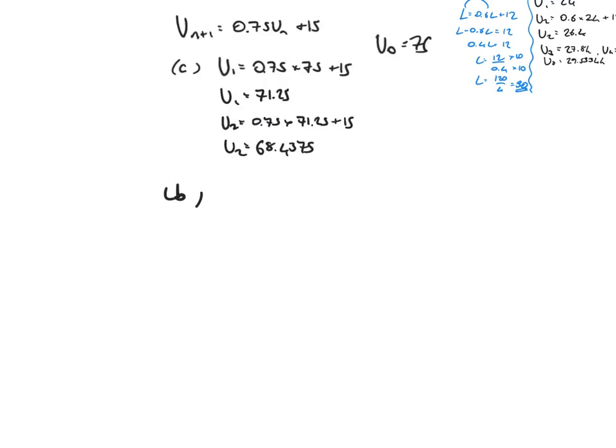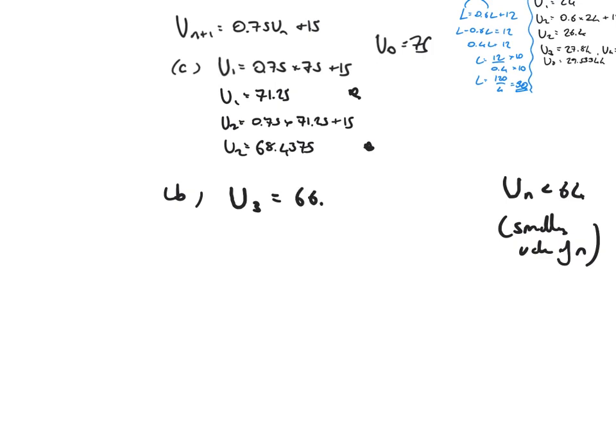Okay, part B says, what is the smallest value of n for which u_n is less than 64? So the smallest value of n which will generate u_n less than 64. I've entered the recurrence relation into the calculator twice, so the calculator will now recognise that it is a recurrence relation, so I'll just hit the equal sign again. u3 gives me 66.33328125.